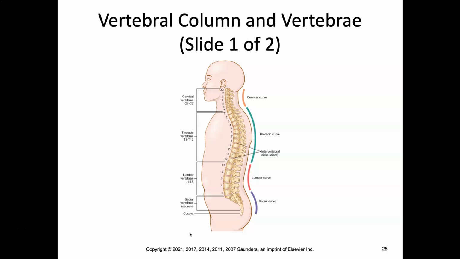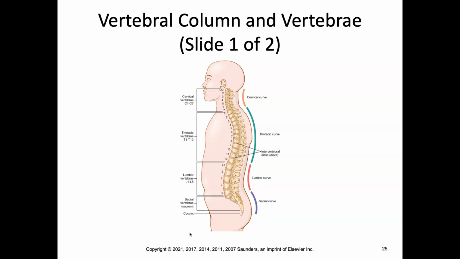These hook in with your ribs, and they protect a lot of your internal organs. The next 5 are called lumbar. This is lower back. So if you've ever heard of somebody with lower back pain or lumbar pain, or something wrong with their lumbar discs or vertebrae, that's where it is. It's lower back for those 5.